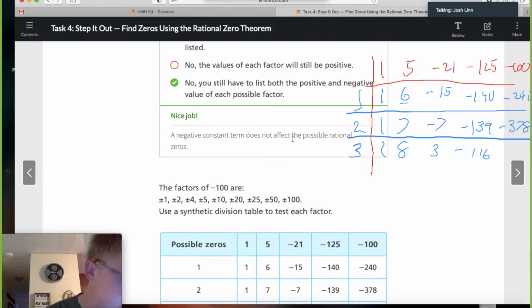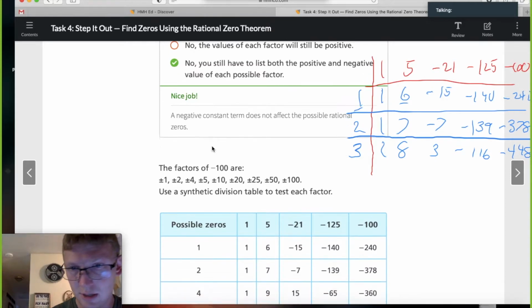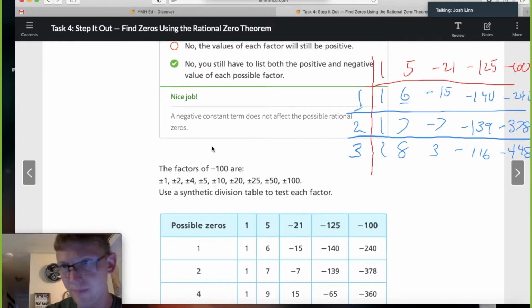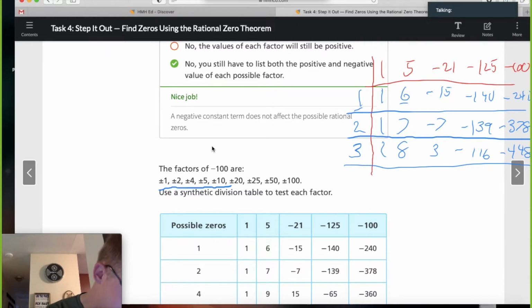Negative 116 times 3 is negative 348. Minus another 100 is negative 448. Just make sure I didn't screw anything up. Uh-oh, looks like I did. Where did I mess up? Man, I just did 3 and I didn't need to. Mr. Lin. Jeez. Can't take you anywhere.